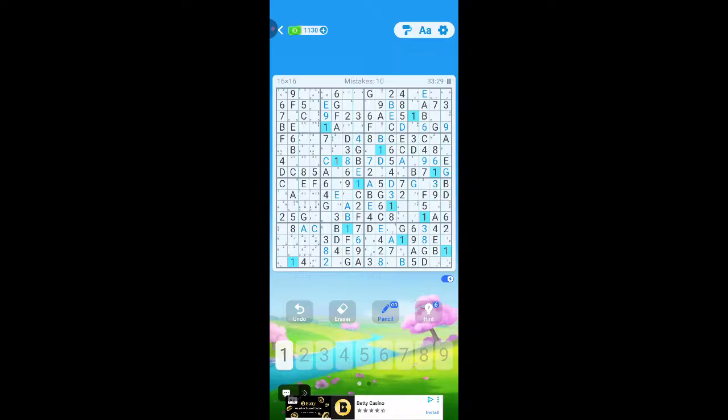Oh, damn it. Not 1, not 2, not 3. Oh, 4 is there. Shut up. 4 is there. Fuck off. Not labeled. What the hell is going on? 8.